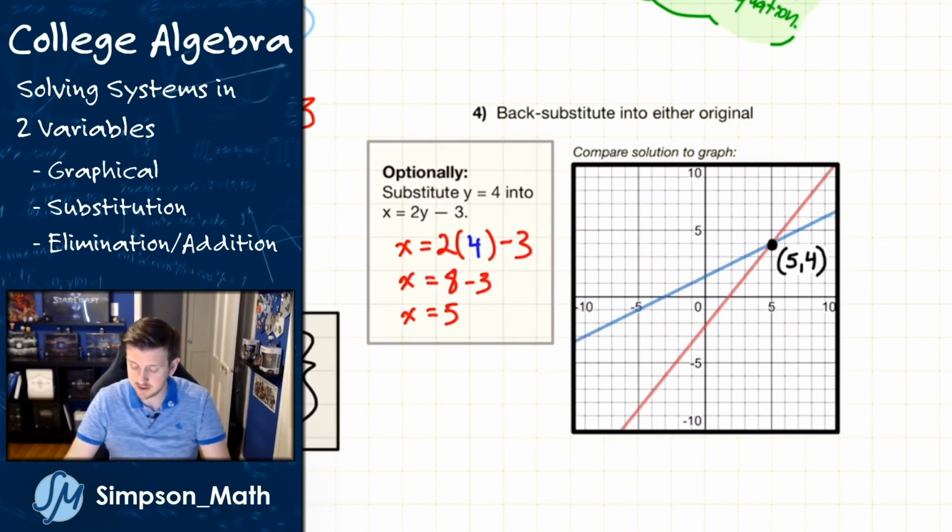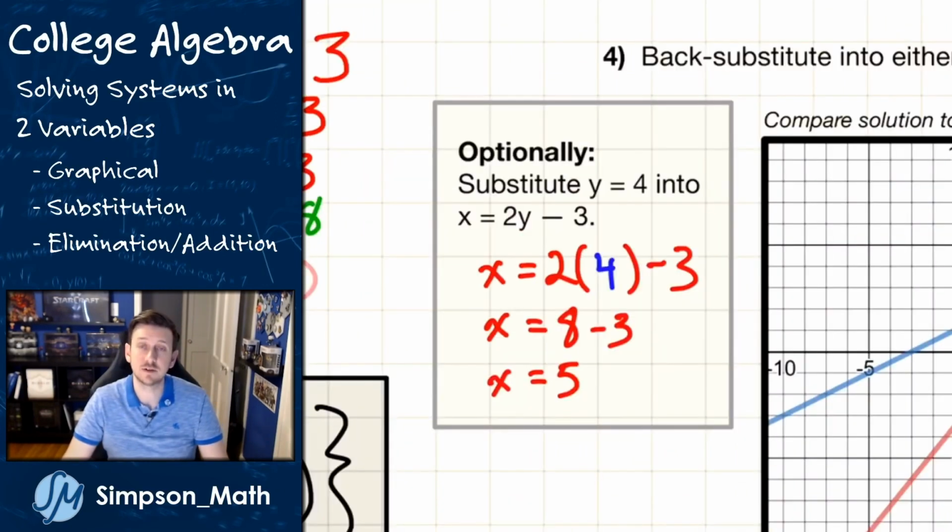All right, so just to verify this solution graphically, this is not a required thing, but so that you're clear: if I graph the red line and graph the blue line, they do intersect at 5, 4. This also shows you that you don't have to plug the y equals 4 into the original equation. You are able to plug this into the solved equation. We've already previously solved the red equation for x.